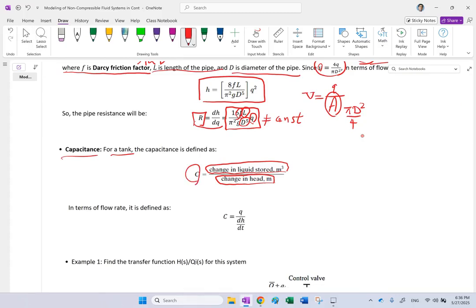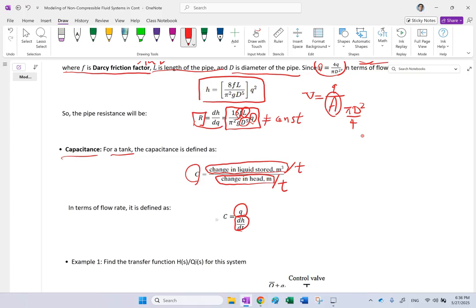If you want to mathematically write it, it is equal to Q. You can write it in terms of their time derivative. Instead of these, you can divide them by time. Now the change in the head will be dH over dt, and the change in the volume is going to be the flow rate.